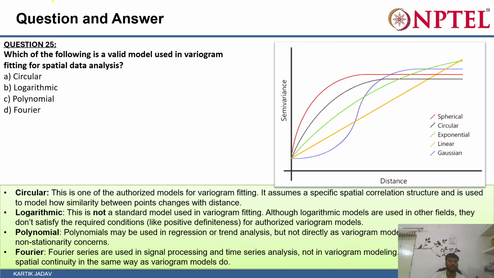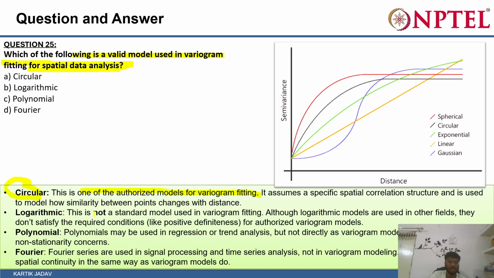Question number 25. Which of the following is a valid model used in variogram fitting for spatial data analysis? Circular, logarithmic, polynomial, or Fourier? Circular is one of the authorized models for variogram fitting. It assumes a specific spatial correlation structure and is used to model how similarity between points changes with distance.